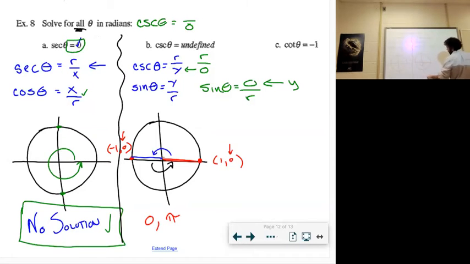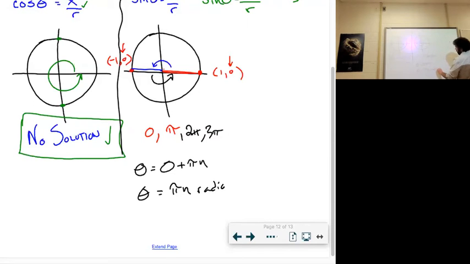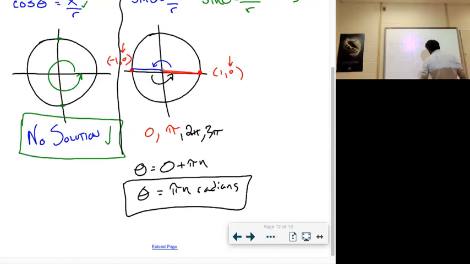So you go 0, pi, 2 pi, 3 pi, and so on. This is a case where we would say theta is equal to 0 plus pi n radians, or we can condense this even further and just say it's pi n radians. So all pi n radians will satisfy this scenario.